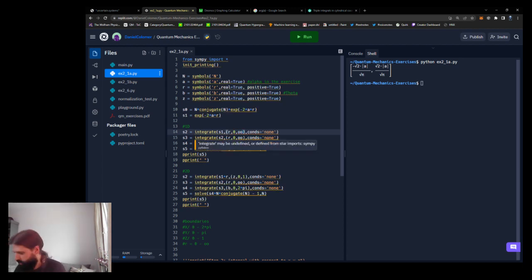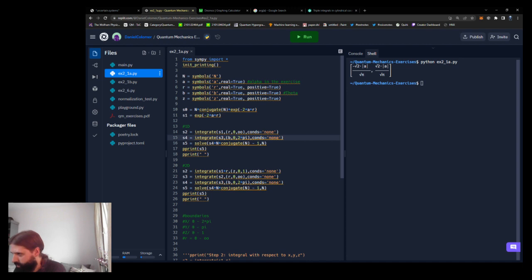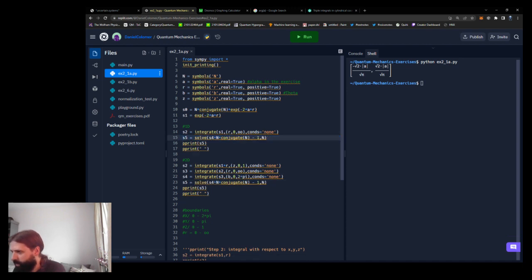So you're saying S2 is the integral from 0 to infinite dr, and then at the end you're saying take that at these, solve for n. This is basically S3 and print S3.